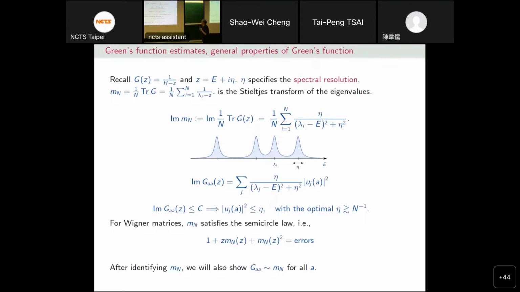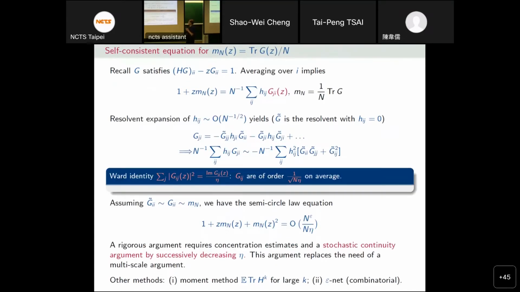I will not do this proof today, but proving the Wigner semicircle law is really just proving that the Stieltjes transform satisfies this quadratic equation. It becomes quite easy, well, easy is relative.